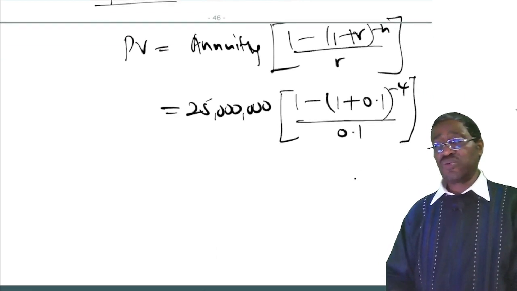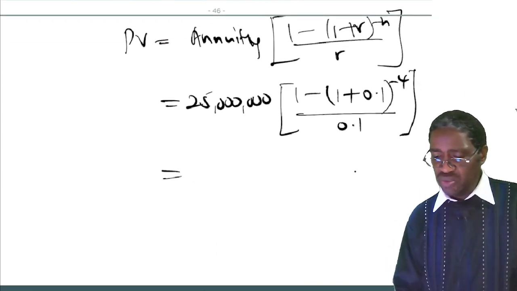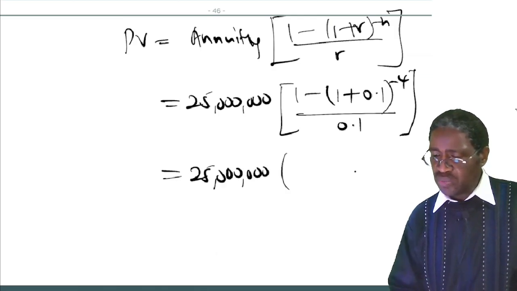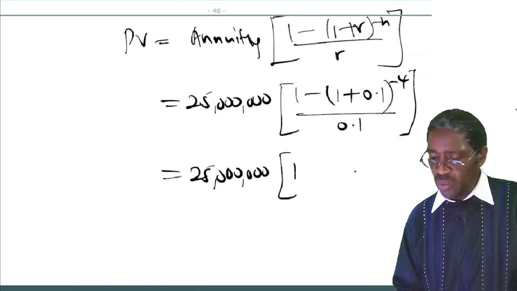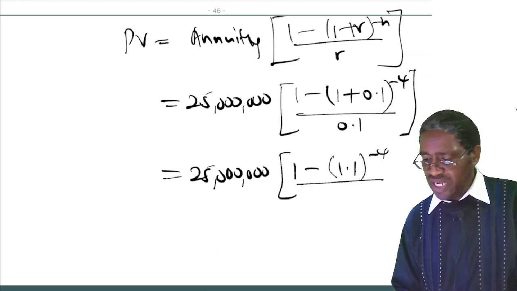Good. Then I simplify again: this will be 25 million into 1 minus 1.1 to the power of negative 4, divided by 0.1.